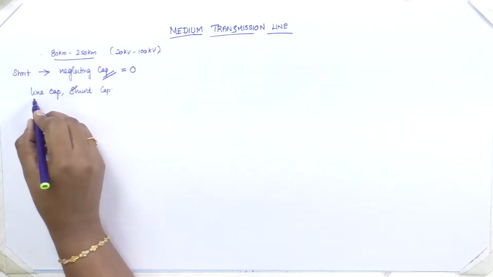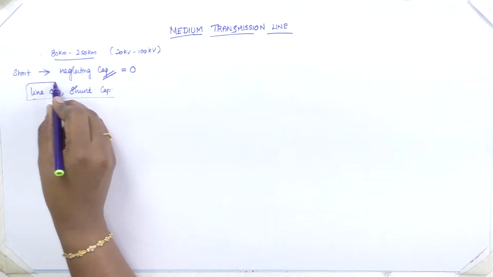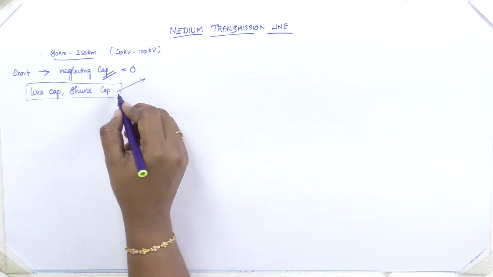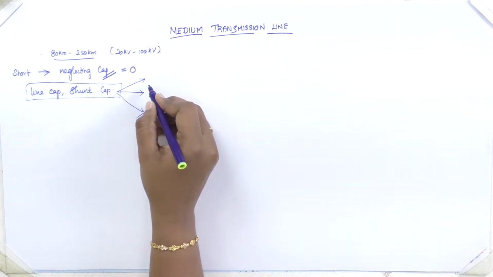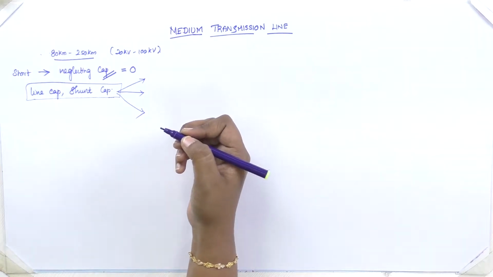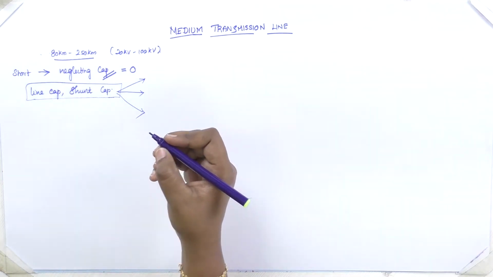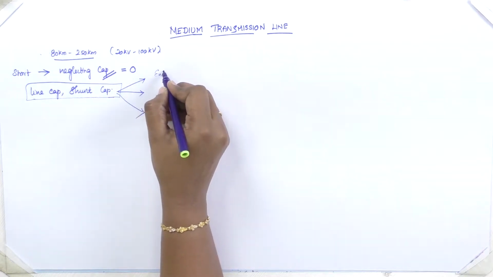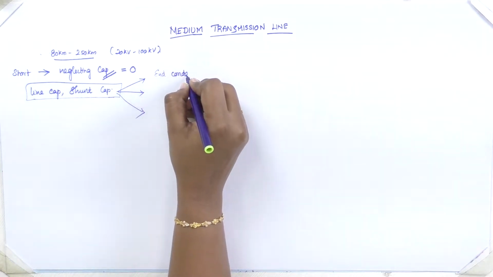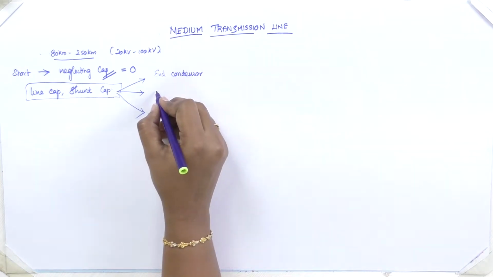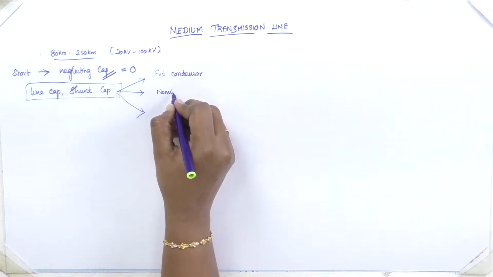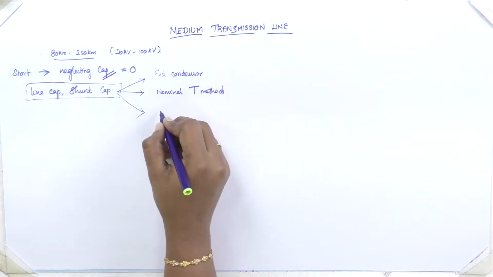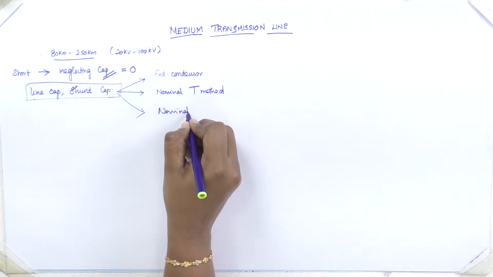So calculating this capacitance for the medium transmission line is very important. To calculate this capacitance, we have three different methods: the end condenser method, the nominal T method, and the nominal pi method.